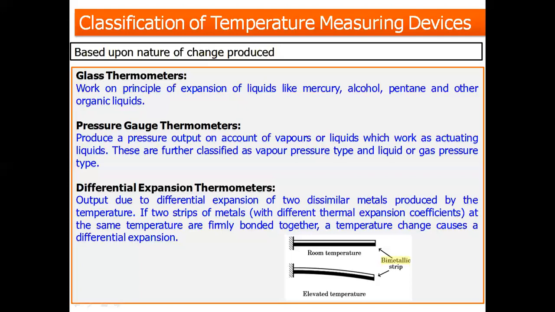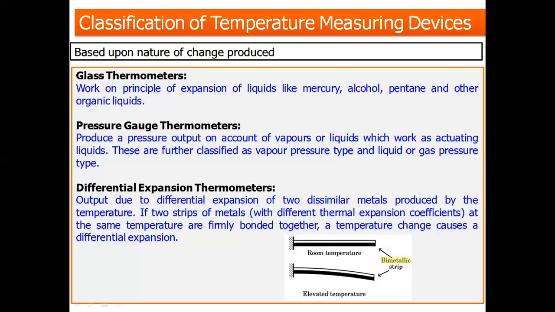Here, the thermometer is made up of a bimetallic strip. That means two different metals having different thermal expansion coefficients. That means the tendency of the metal to expand when heated is different for both the metals that you are using over here. As the temperature rises, one of the metals expands more than the other.